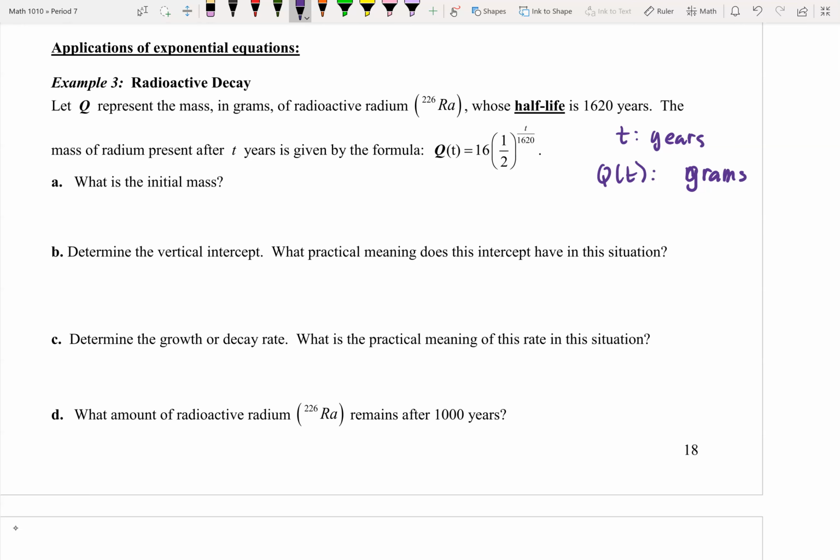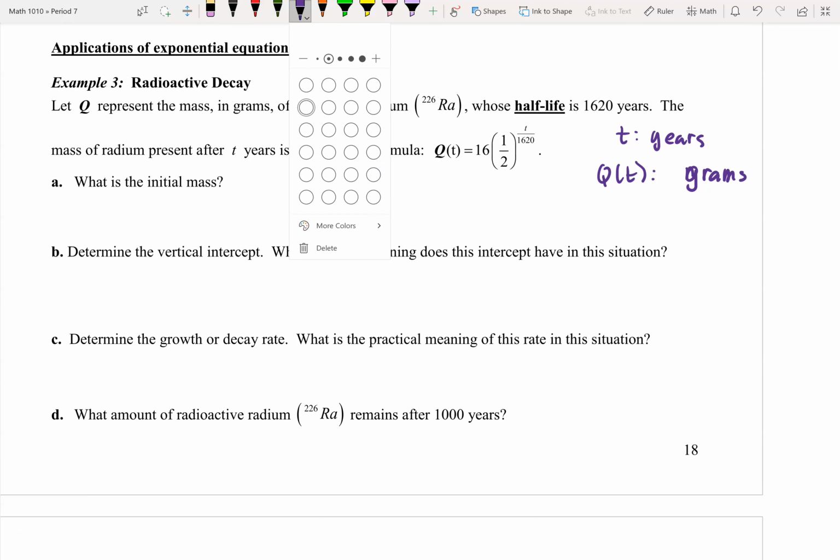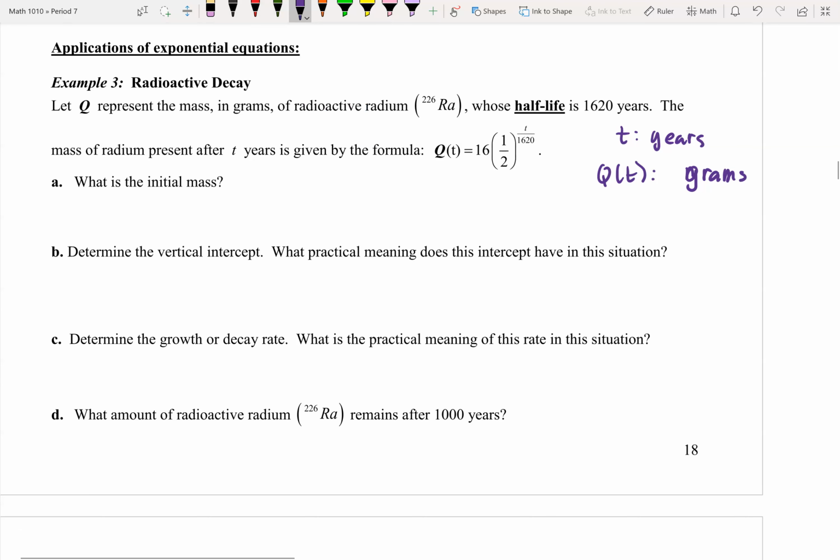Okay, first thing I want to say to you, see the 1/2? Could I write that as 0.5? Could I do that? Yes, I could. So let's do it. Let's go Q of T is equal to 16 times 0.5 raised to the T over 1,620.